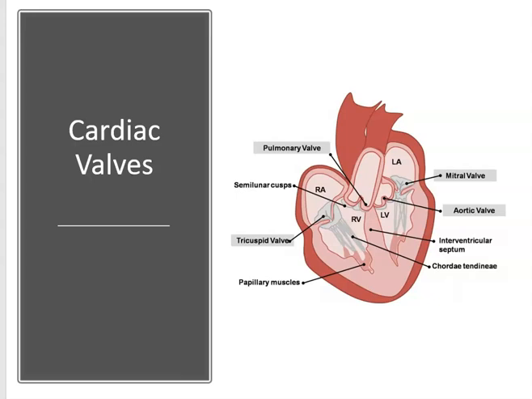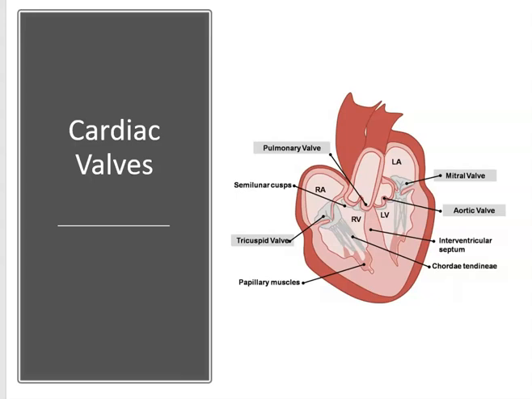As a refresher, there are 4 valves in the heart. There's the aortic valve, the mitral valve, the tricuspid valve, and then the pulmonary valve. So how the CPT manual has the codes divided is that they are divided based upon those different valves, starting with the aortic valve on page 226.